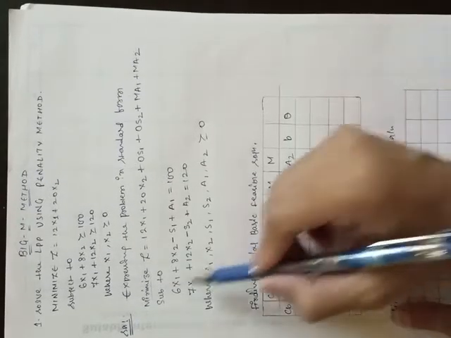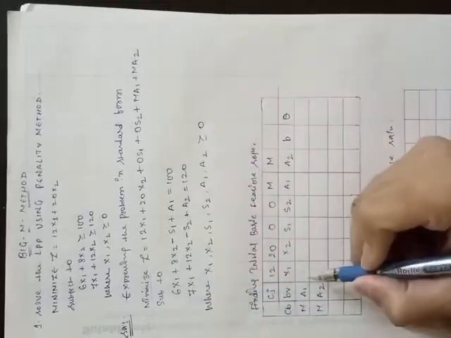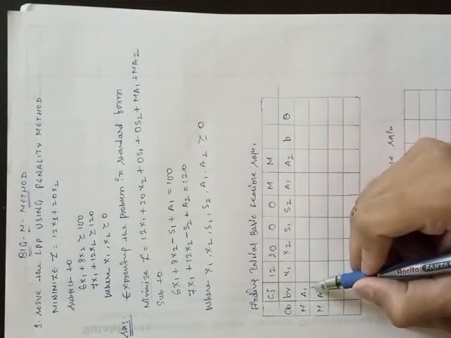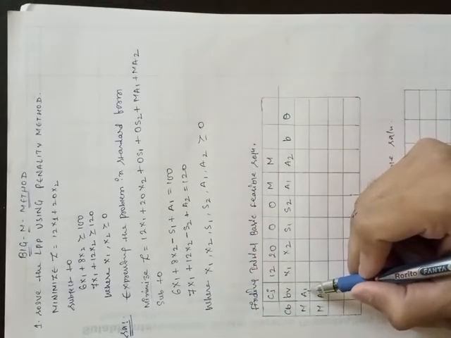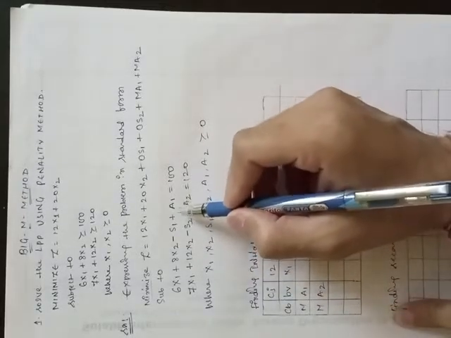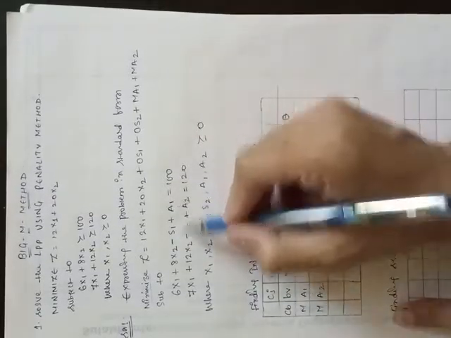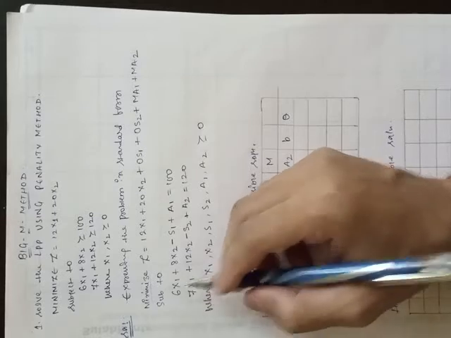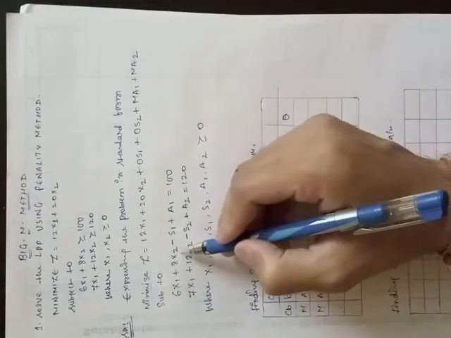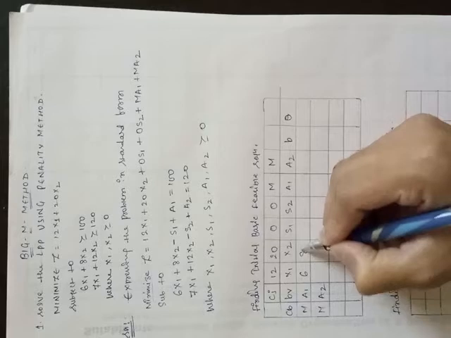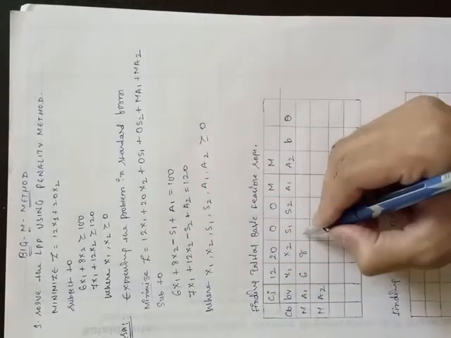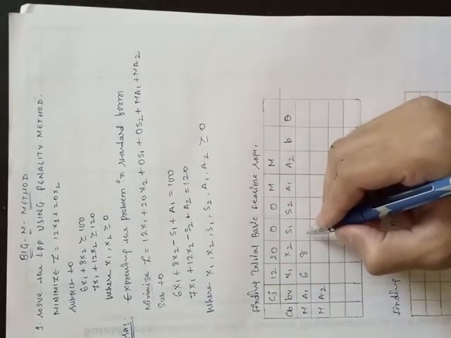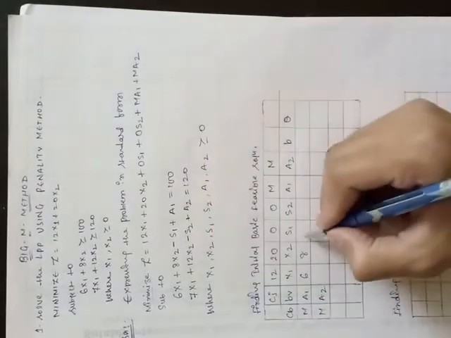Now from the constraints. a1 is in the first constraint. So the x1 coefficient is 6, the x2 coefficient is 8, the s1 coefficient is -1.